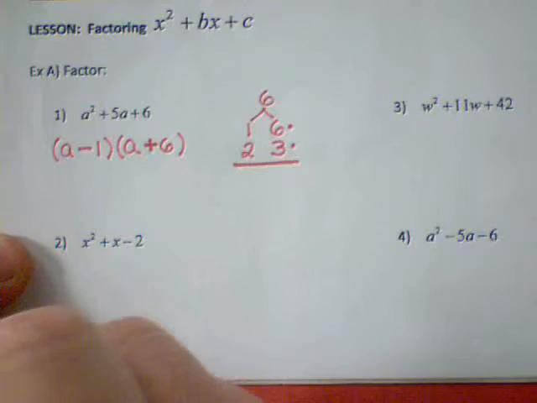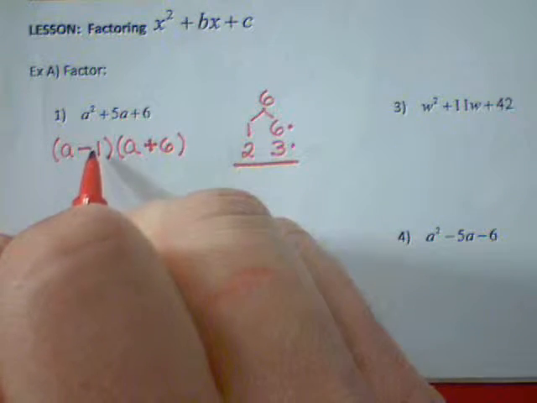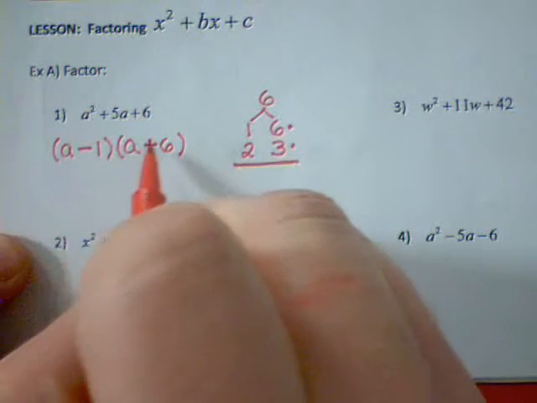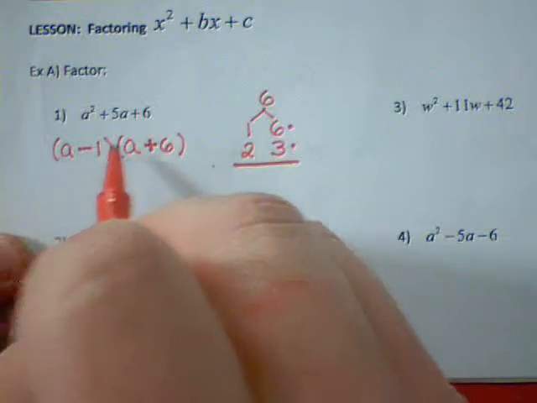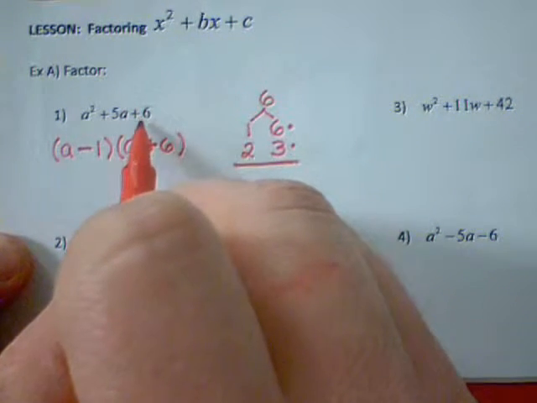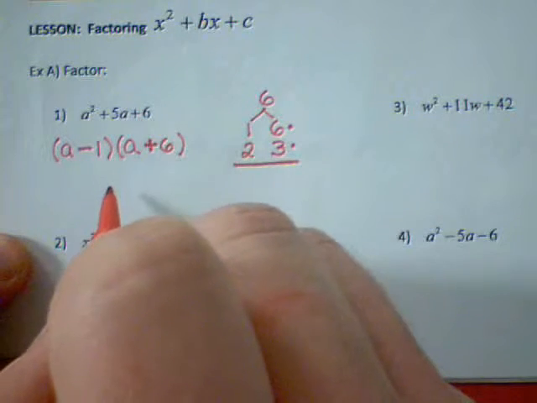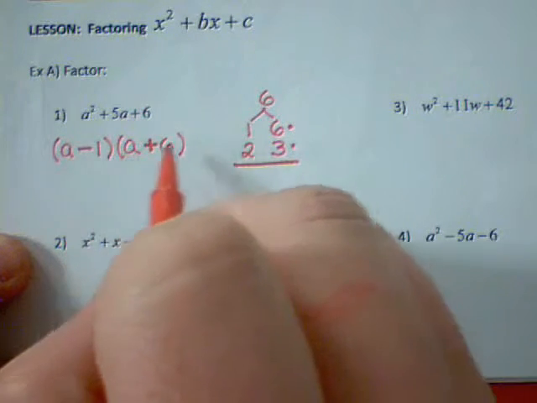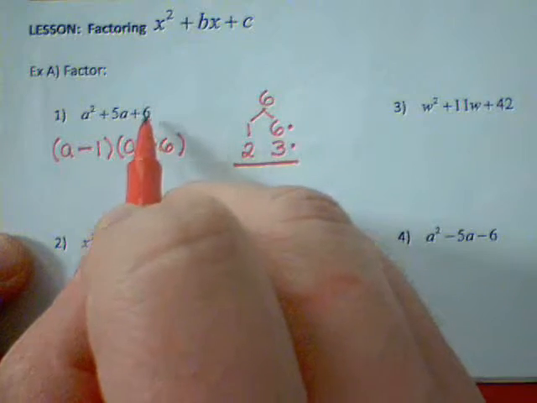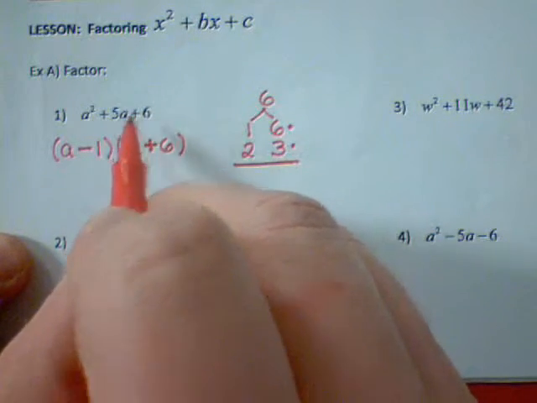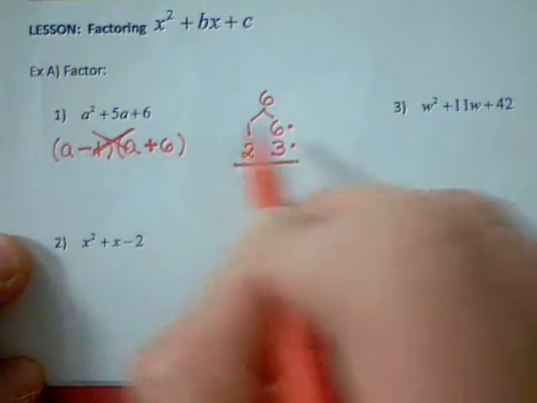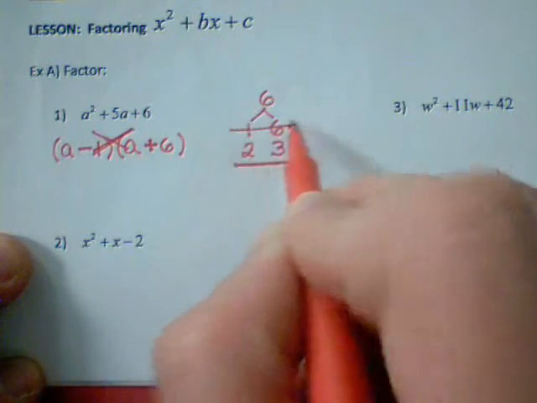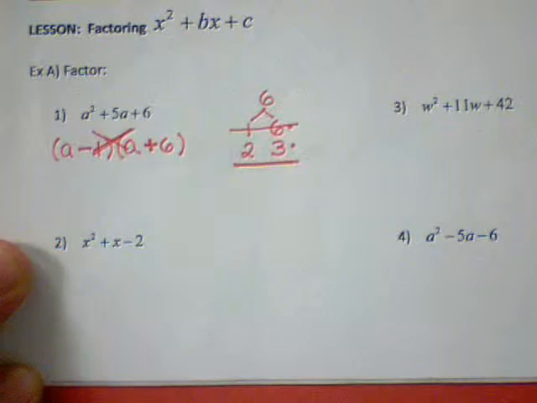Now the final check is, if I do negative 1 times 6, would it give me positive 6? And the answer is no. Negative 1 times positive 6 gives me negative 6. This is not what I see over here. So that tells me that this choice doesn't work. It's a no-no.